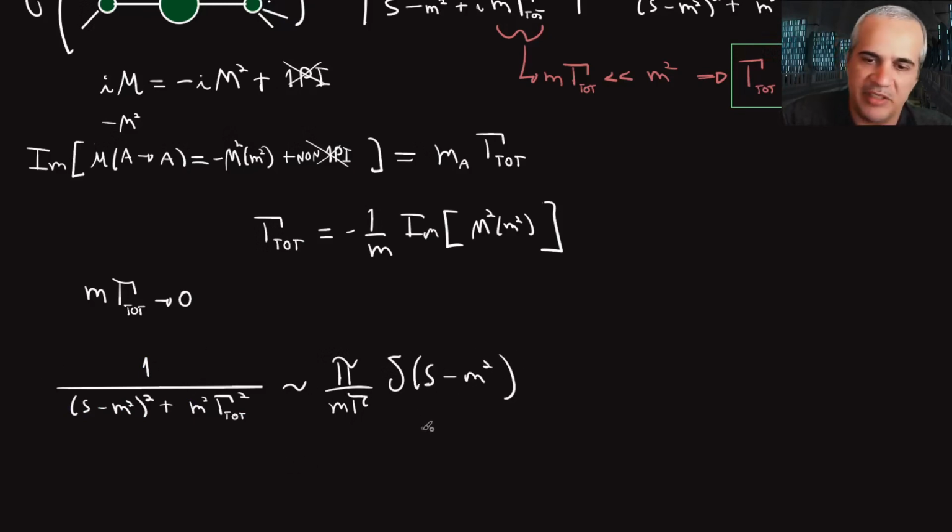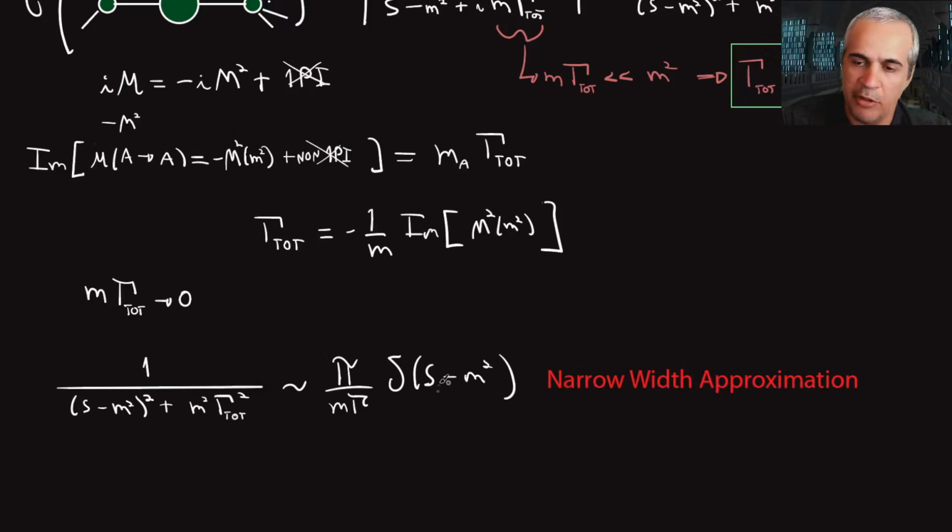This is known as the narrow width approximation, and it is a very, very useful approximation. Of course, exchanging distributions by just the Dirac delta is always useful operationally, but also a very good approximation for many particles, right?